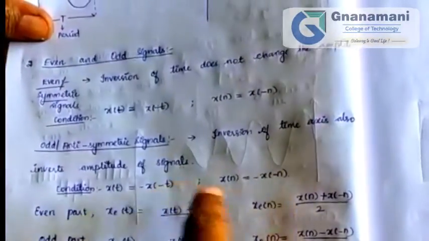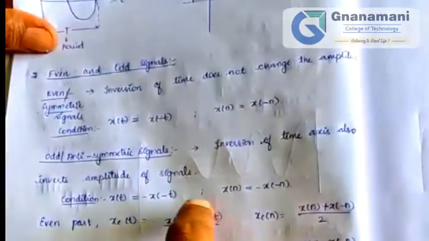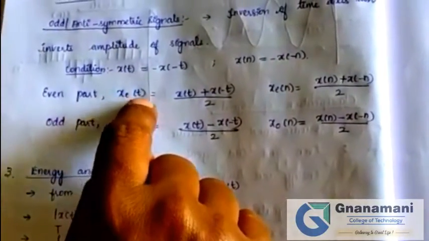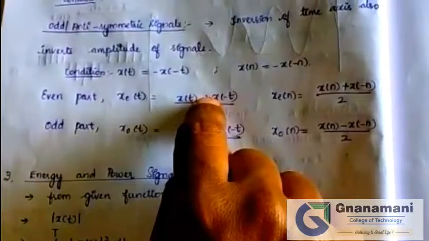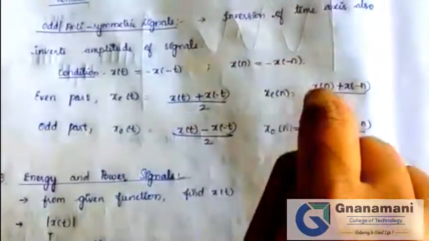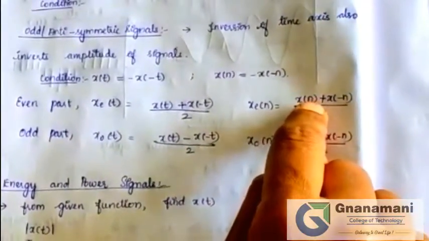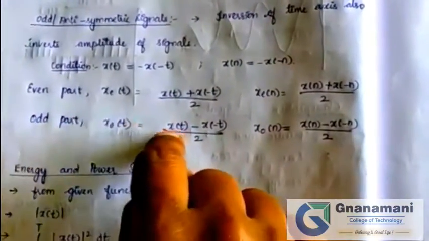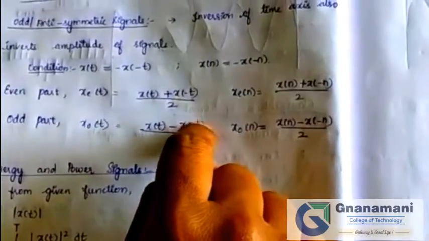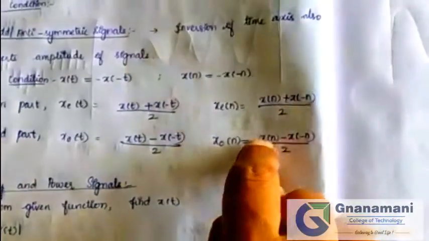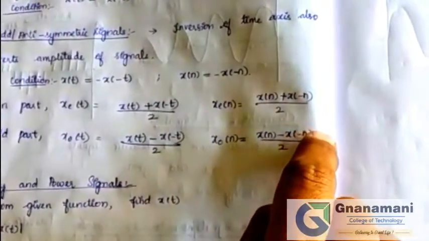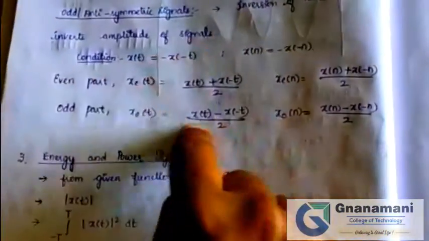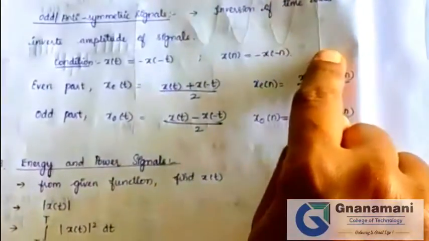For continuous, the even part is x of t plus x of minus t by 2. For discrete, x of n plus x of minus n by 2. Similarly for odd, x of t minus x of minus t by 2, and x of n minus x of minus n by 2. This is for continuous and this is for discrete signals.